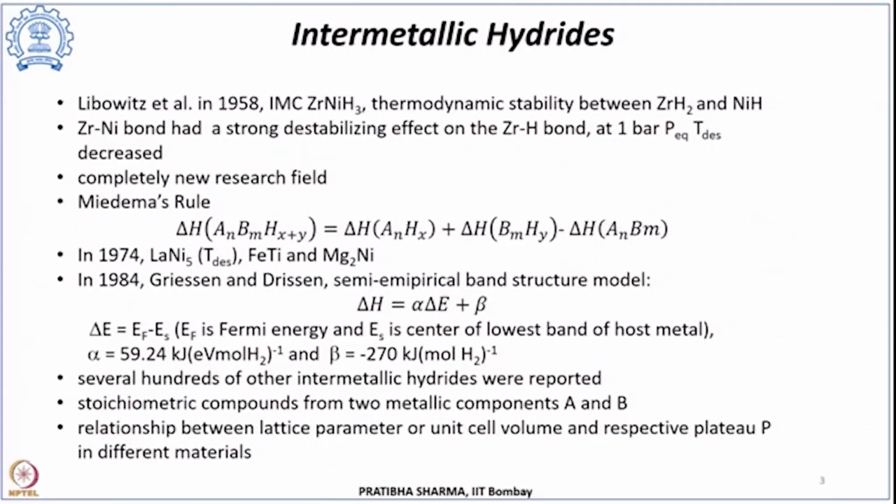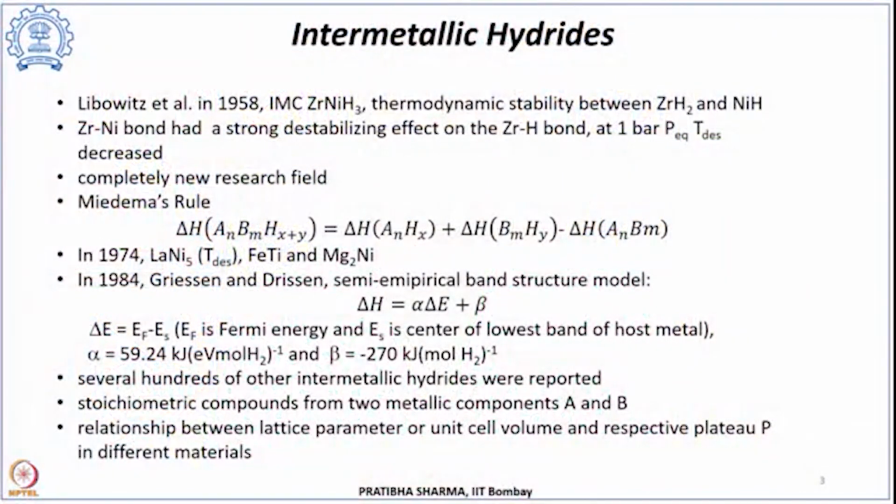It was observed that lanthanum nickel 5, which forms LaNi5H6, dissolves hydrogen at 2 bar equilibrium pressure at 20 degree centigrade, whereas lanthanum hydride LaH2 at an equilibrium pressure of 2 bar dissolves hydrogen at 1300 degree centigrade.